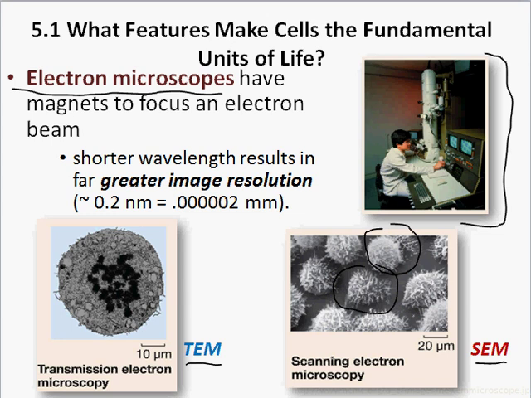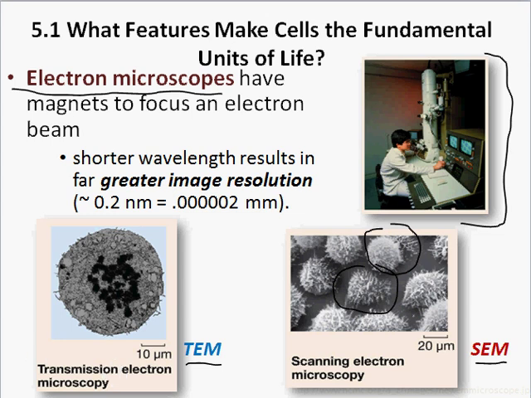It may seem like additional detail to know about electron microscopes or TEM versus SEM, but it helps you orient yourself when you see one of these pictures. If you see one, they're called micrographs. These are pictures from a microscope. And if it's in black and white and has a very high magnification, you can likely predict that it's an electron micrograph.